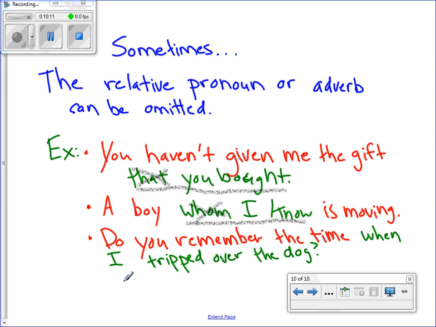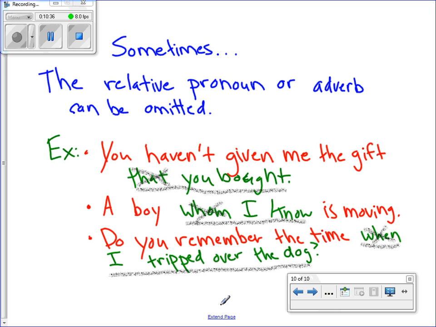And the last example, do you remember the time when I tripped over the dog? When I tripped over the dog is our adjective clause. When is a relative adverb. And you don't have to have the word when. If you take it out, the sentence still has the same meaning.